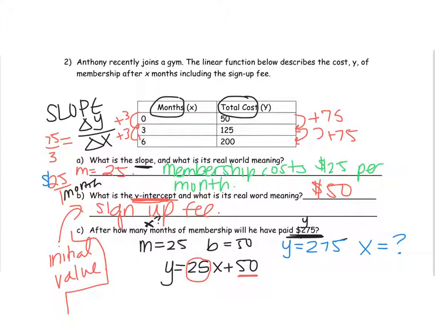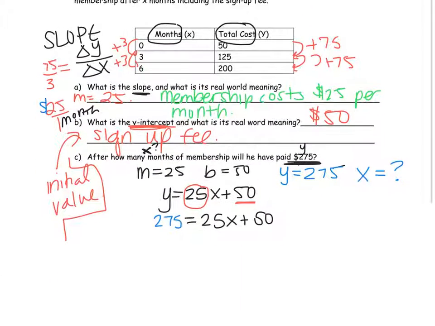So we're going to plug in 275 for Y, and we're going to leave X blank, and we're going to solve for it. So you're going to subtract 50. So we have 225 equals 25x. Divide both sides out.